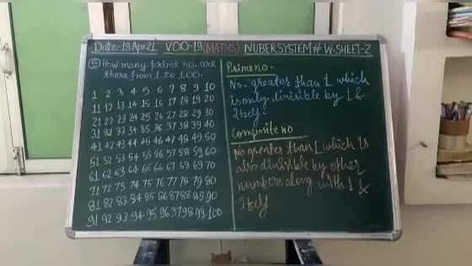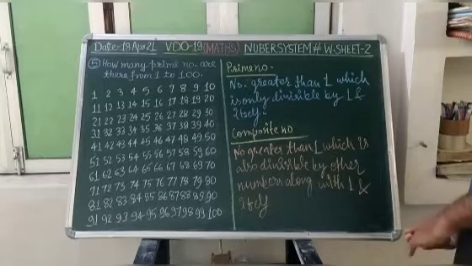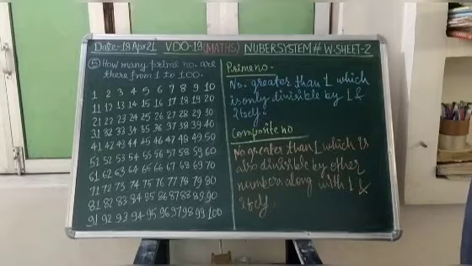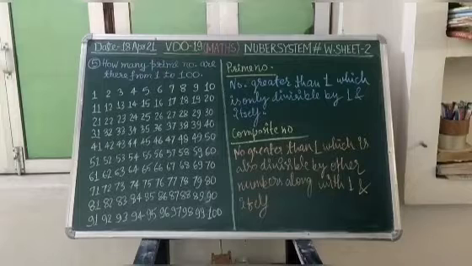So a prime number is a number greater than 1 which is only divisible by 1 and itself, whereas a composite number is a number greater than 1 which is also divisible by other numbers along with 1 and itself.